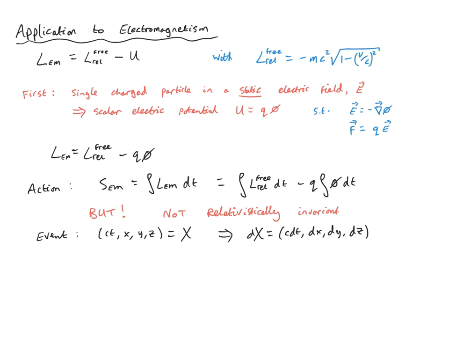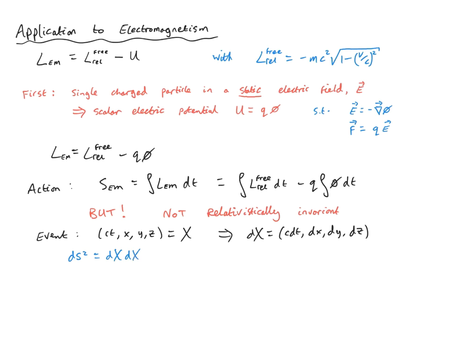Now, we know that a relativistic invariant is the spacetime interval. That's the thing we previously called ds squared, and that is like a generalized dot product of our dX with itself.